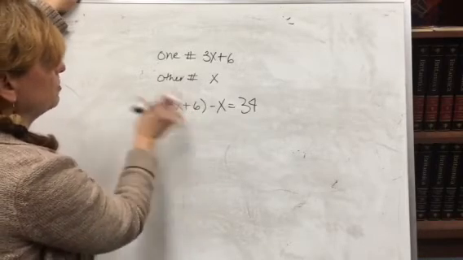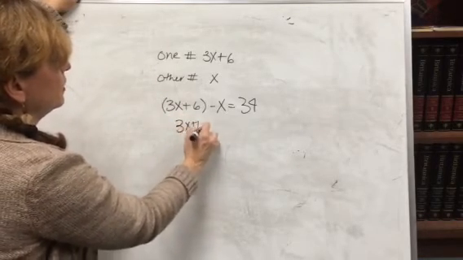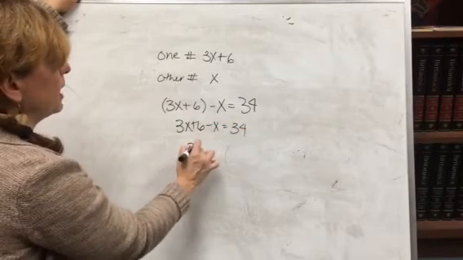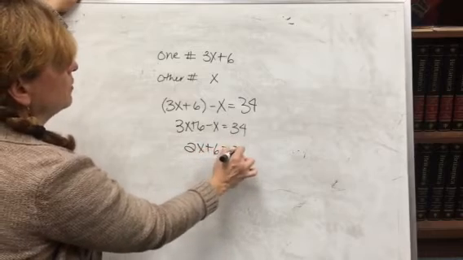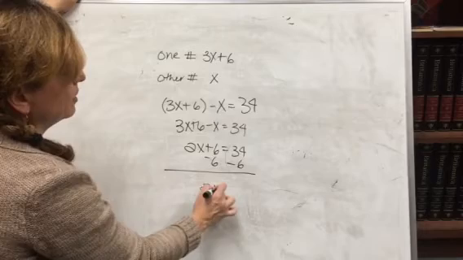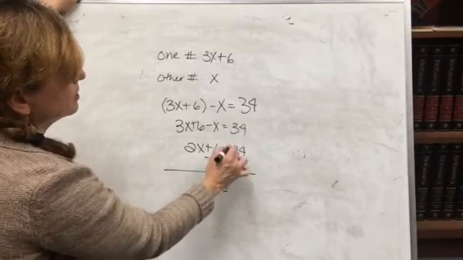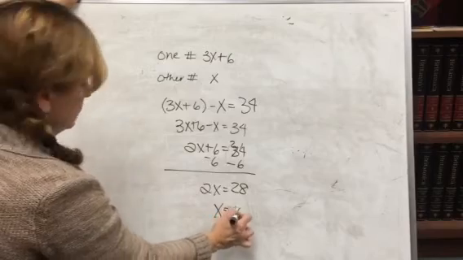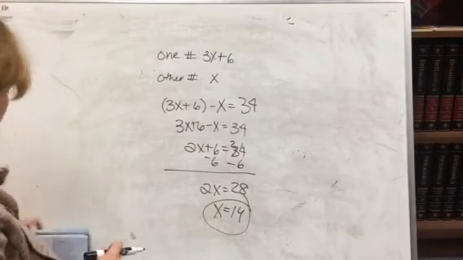For this particular example, we can just take the parentheses off. 3x plus 6 minus x equals 34. What's 3x minus x? Combine your like terms. Now I'm going to subtract 6 on both sides. 2x equals 34 minus 6, which is 28. x equals 14.